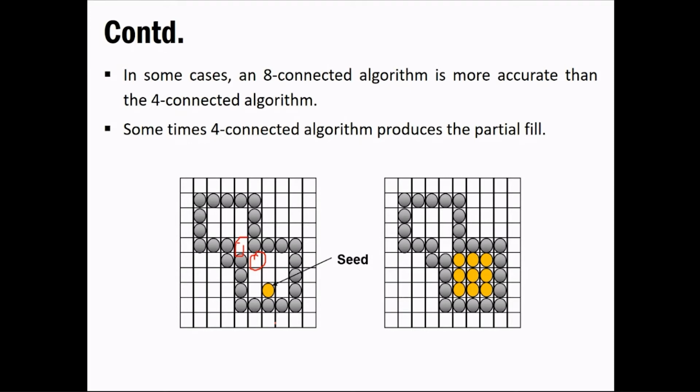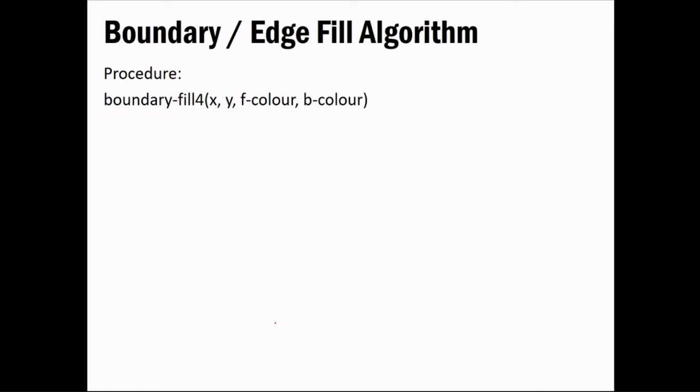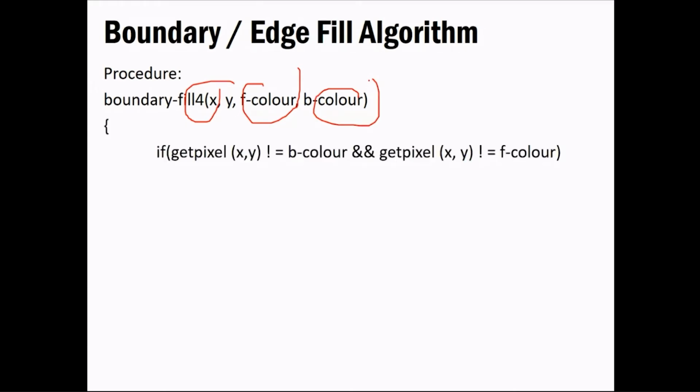Okay, so now how to give the seed value, it is based on the algorithm or simple procedure that you have to follow. Okay, so you can do this in your graphics library. We have pixel information with us, and we have two colors, that is foreground color and background color. Based on that information, if you have encountered the boundary or the background color, then it will say, okay, this is the information that we have.